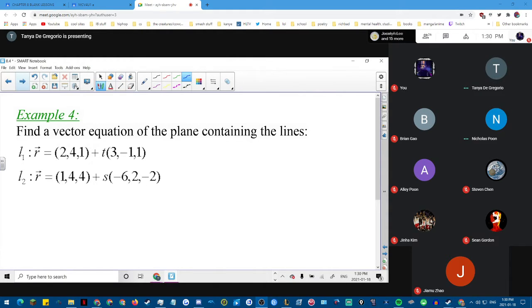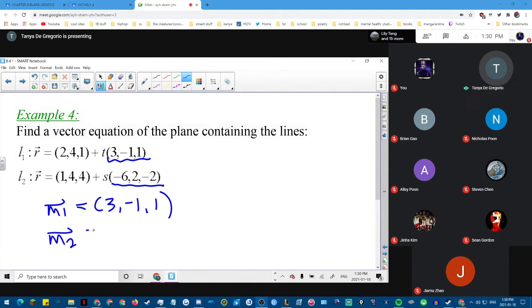Yes. I have 1 direction vector here, and I have another direction here. So let's take a look. Let's simplify the second one.